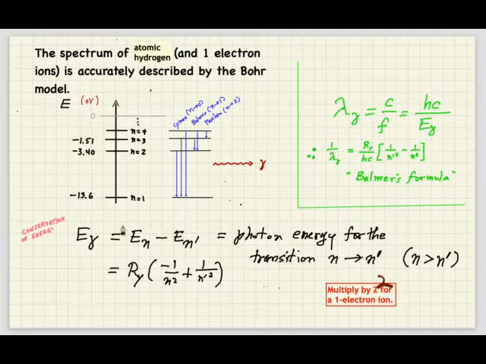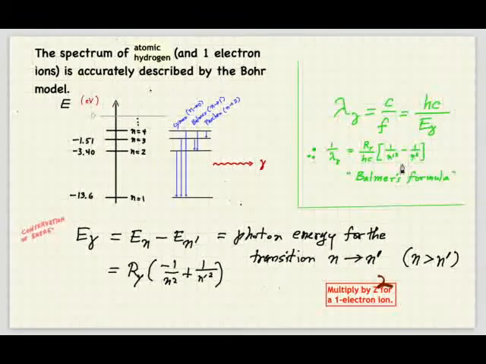So you see, the energy of the photon is hc divided by lambda. So I could write this as 1 over lambda. Divide by hc on both sides of the equation. 1 over lambda is the Rydberg divided by hc, times 1 over n prime squared minus 1 over n squared.